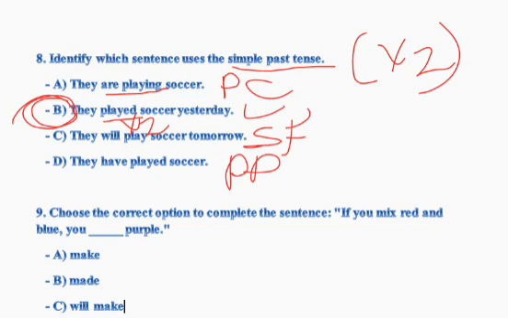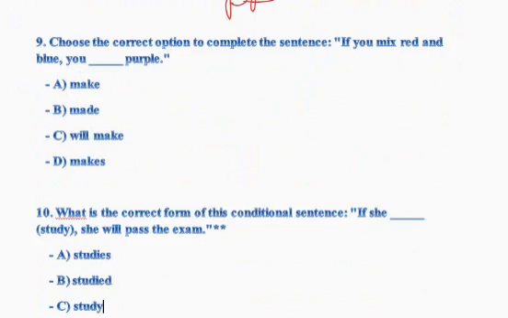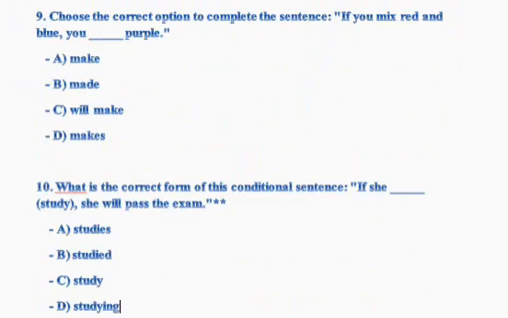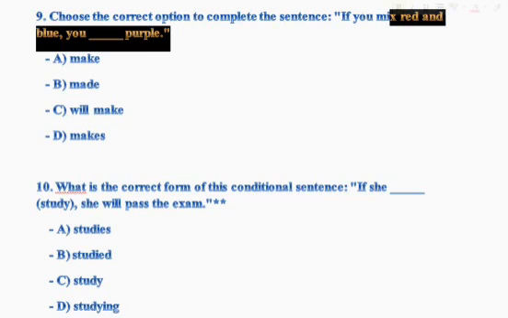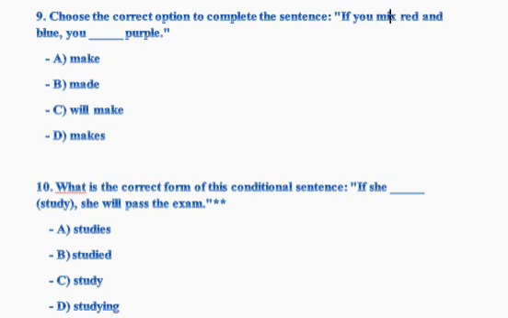Question 9. Question 9 says, choose the correct option to complete the sentence. The sentence says, if you mix red and blue, you dash purple. What does it say? If you mix, the verb is mix, which is V1.